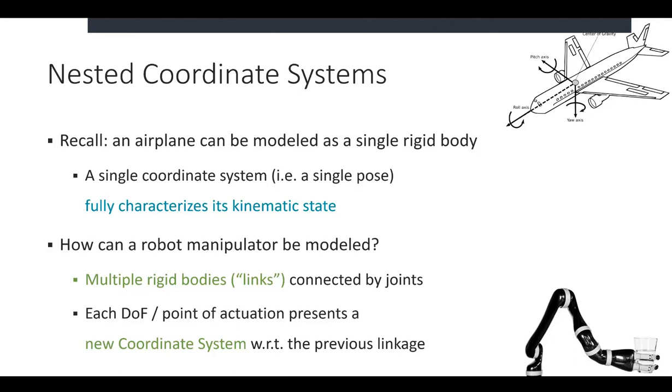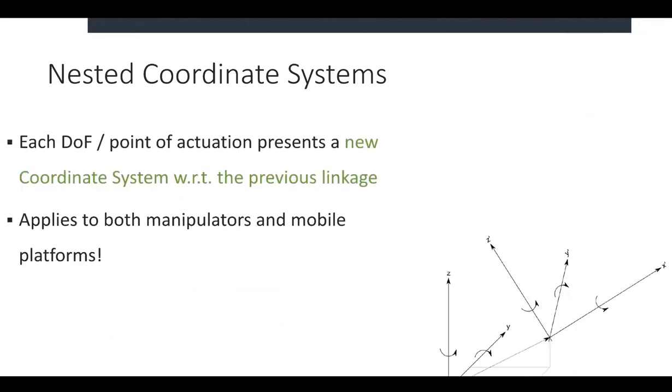In terms of coordinate systems, what that means is that each degree of freedom that I have, or point of actuation, is going to present me with a new coordinate system that I'm going to be able to use to figure out where stuff is. And it turns out it doesn't actually matter if we're talking about mobile robots or if we're just talking about the manipulator arms, it's all the same.